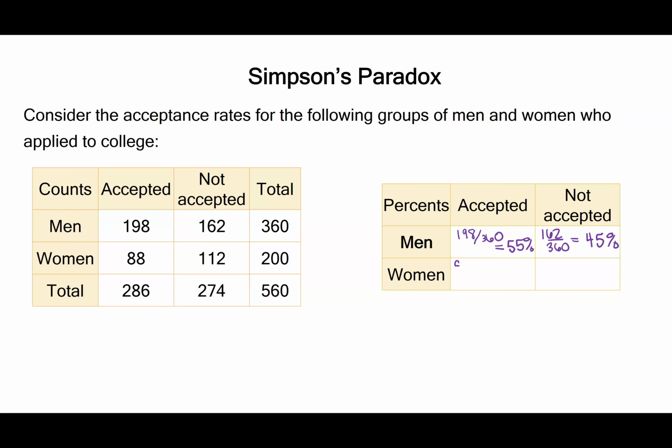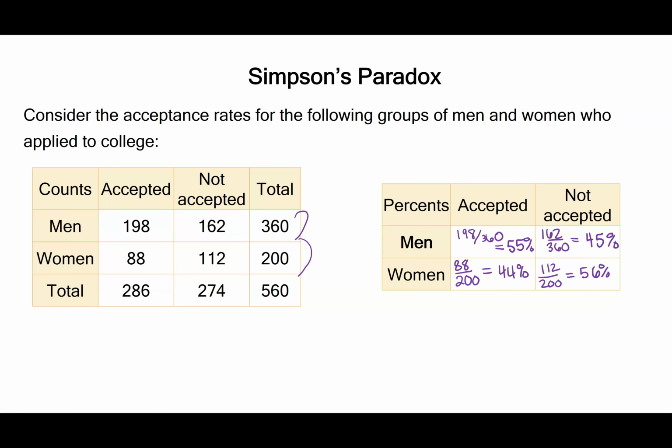Then if you focus on women, 88 out of 200 were accepted. So that's 44%. 112 out of 200 were not accepted. That's 56%. So looking just at this, it looks like a much higher percentage of men were accepted, 11% more men than women applying to this college. Although it's worth noting, 360 versus 200, a lot more men are applying as well. Almost twice as many men applied.